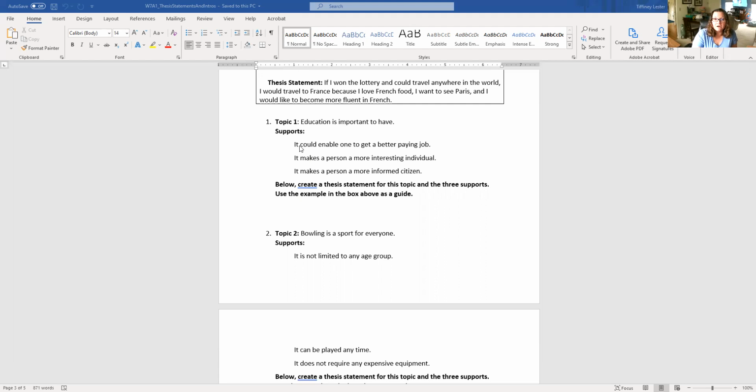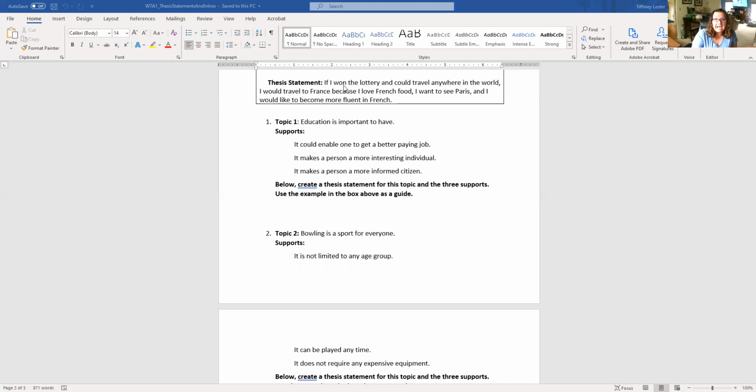Your supports are, it could enable one to get a better paying job, it makes a person a more interesting individual, and it makes a person a more informed citizen. So you're going to create a thesis statement by taking the topic and the main ideas of these three supports. And you should do it in a way that resembles what we did up here in the example.